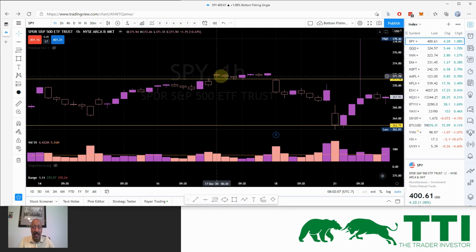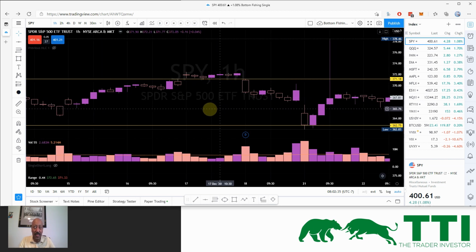I want to see, do we come test the support to continue, or do we break that support to go to the downside? Because I don't have anything on the upside, I don't have a risk reward that I can calculate on this one. I am not entering anything yet. I want to see a breakdown of the support zone. I want to see the next gap. So it's okay to be on the sideline.